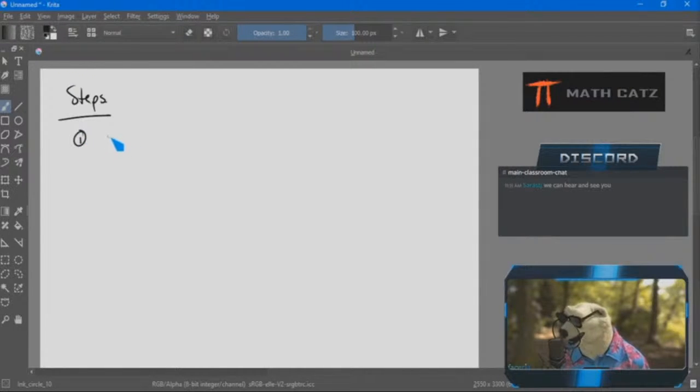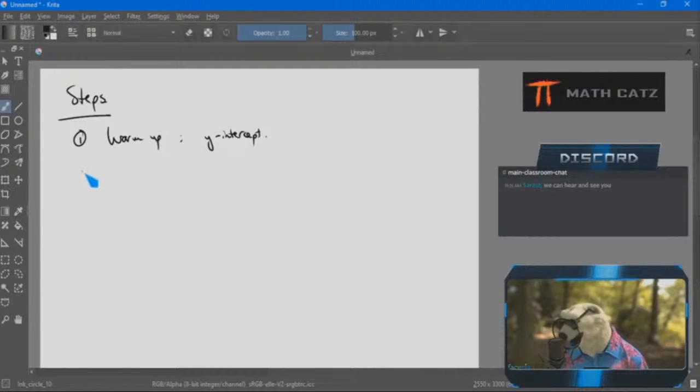You should by now. We have our warm-up step where we may find a y-intercept, see what kind of function I'm working with, what I expect, if I expect anything. Just getting into the right mindset.